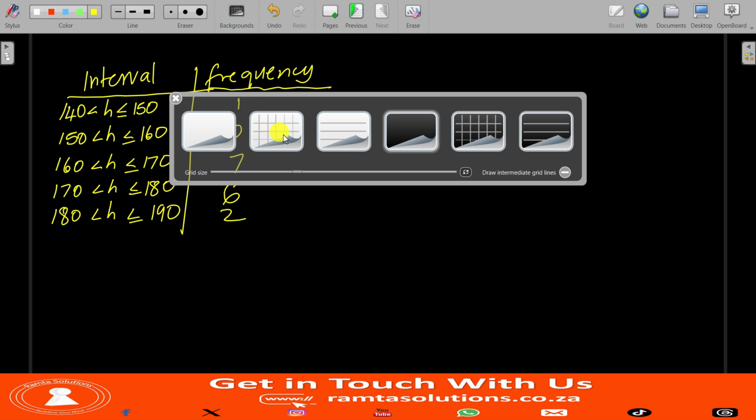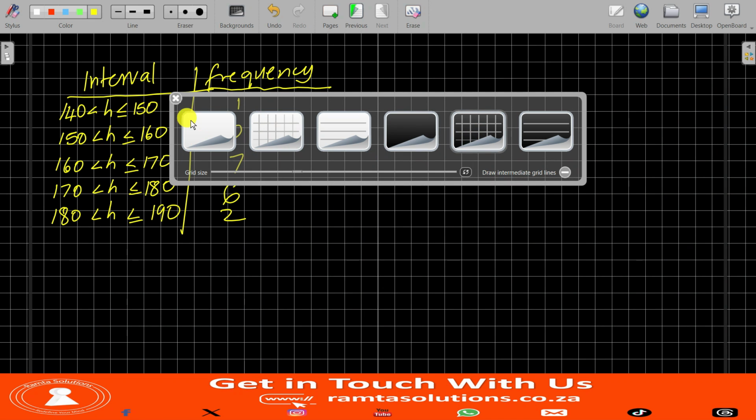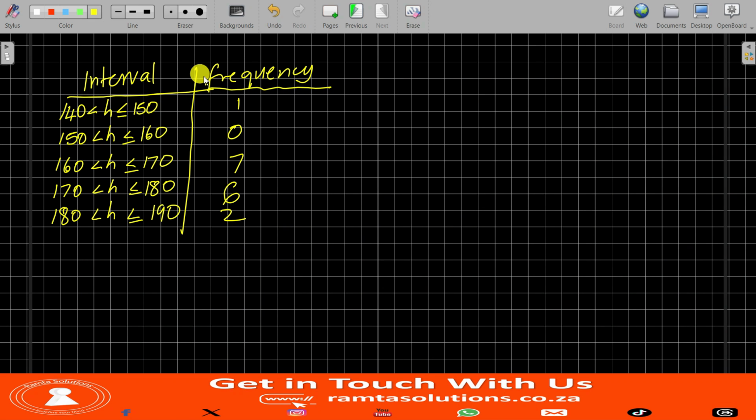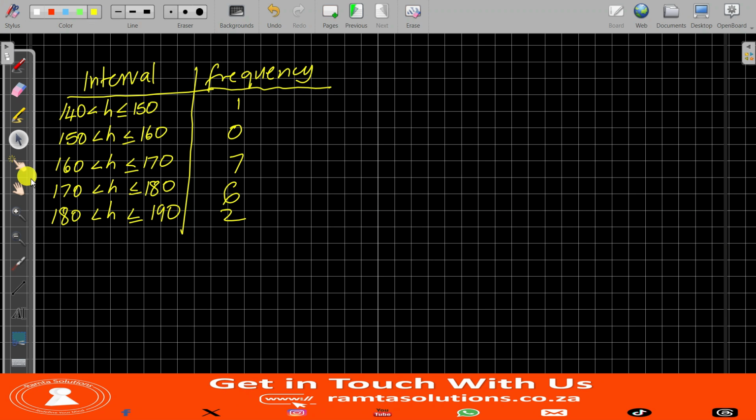We're going to draw our bar graphs. I see here we have a maximum of 7. I'm going to remove the grids later, guys. Please bear with me.